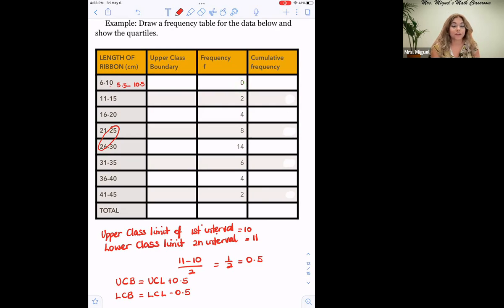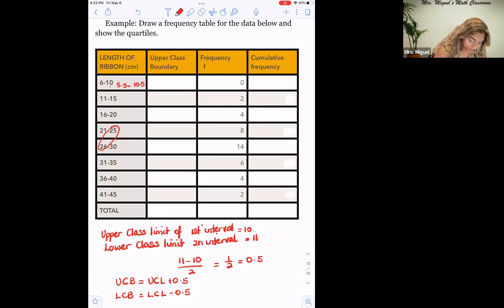So any length of ribbon within that range of numbers, 5.5, 5.6, 5.7, 5.8, 5.9, any length of ribbon from 5.5 to 10.5 will fall in interval 1.